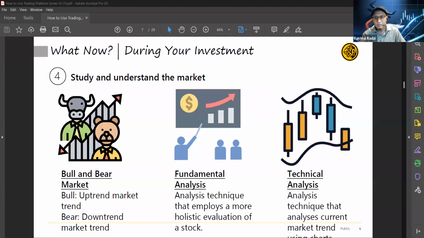Let me get the details, or let me get the template of our brokerage. Just hold on. Just a moment. One minute. Let me get the template of our brokerage rate.